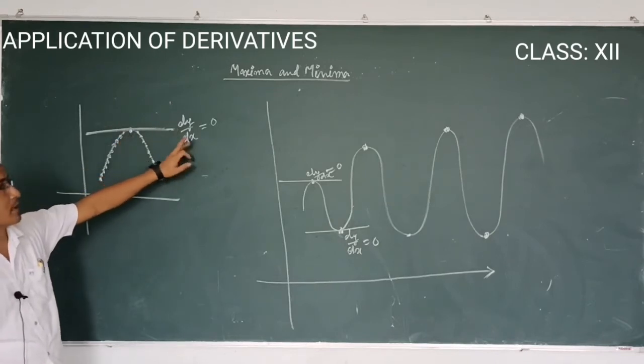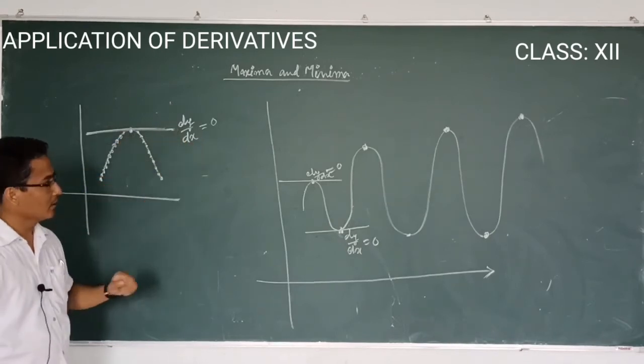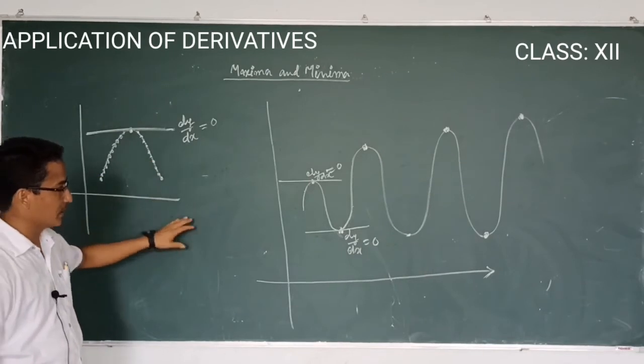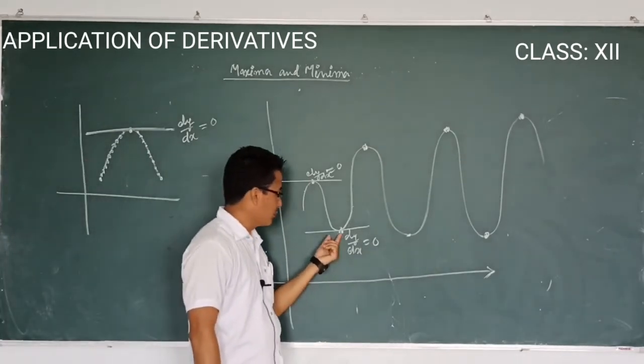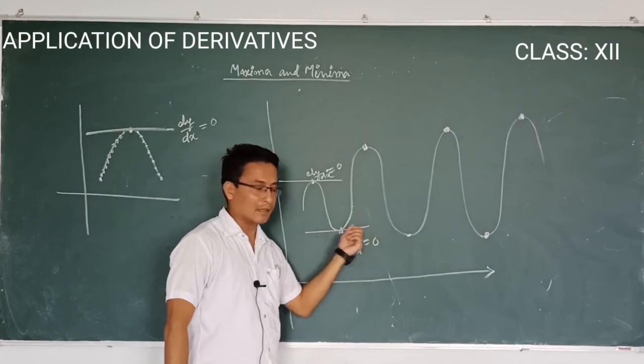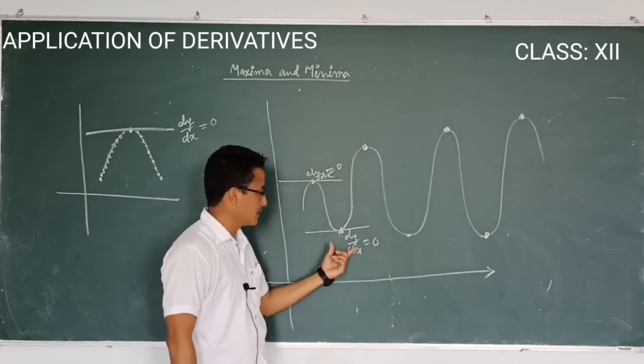Do you understand what I'm going to say? At this peak point, if you draw the slope, it will be dy by dx equal to 0.